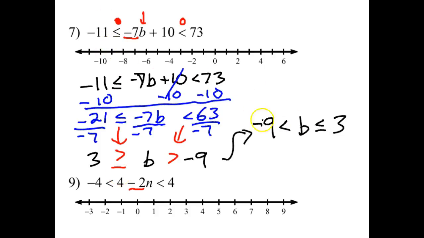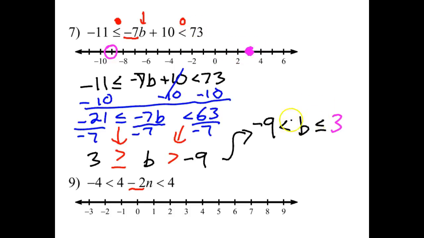So we have an open circle at -9. That's not -9, is it? That's -7. Open circle at -9, right there. Closed circle at +3.